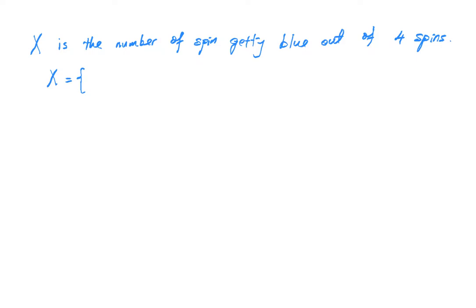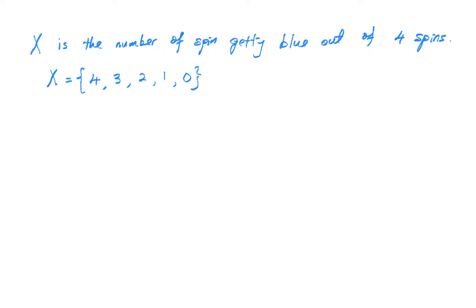I may get all 4 times blue. So it can be 4. Am I right? So these are the possible values for x. So you have to define your variable x. And you have to remember that when we talk about statistics, a random variable must be numerical. And this is a discrete random variable.